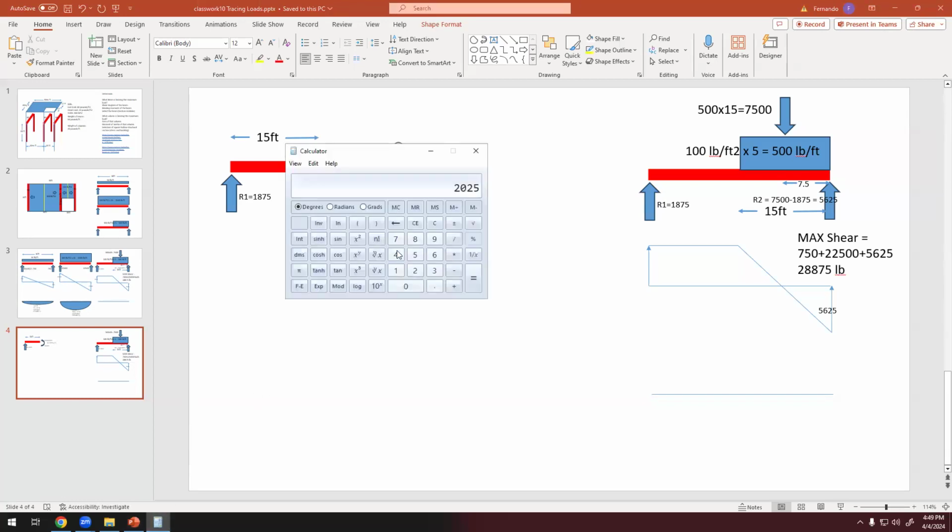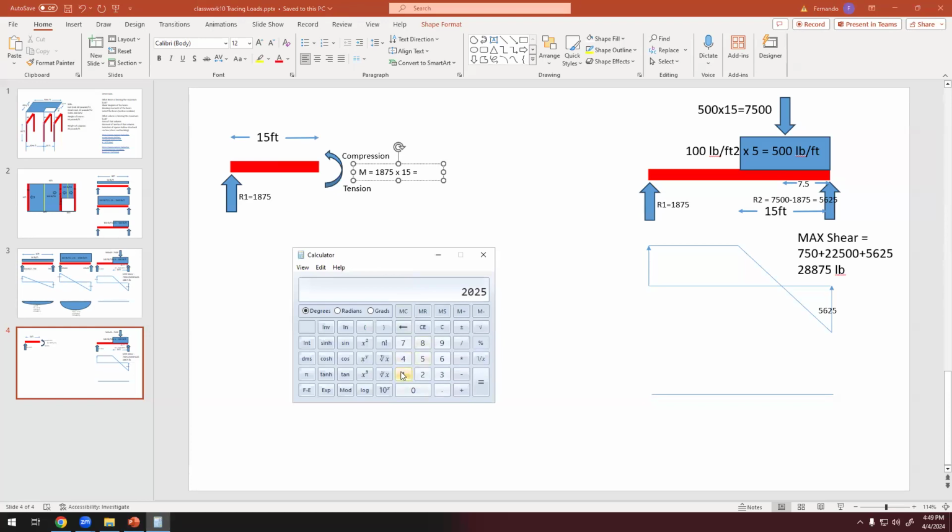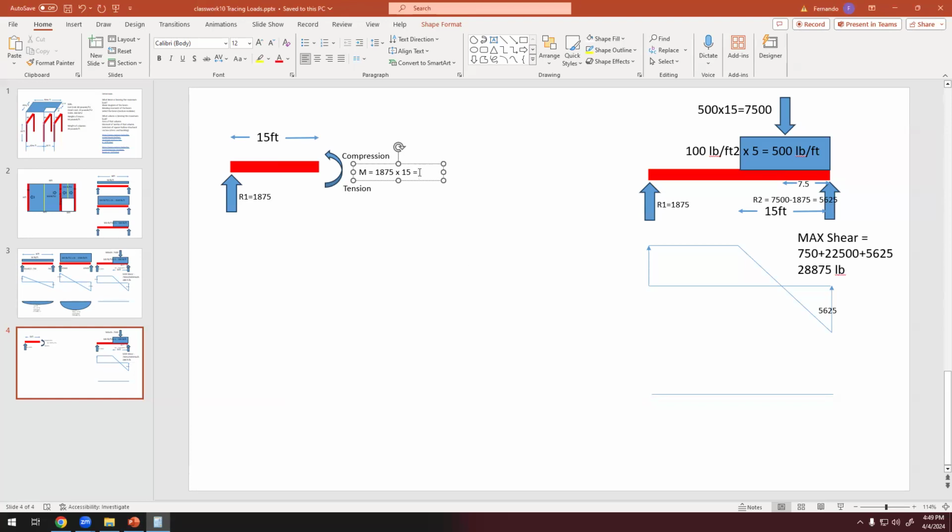So that value is 1875 times 15. It's 28,125. Units, pound times foot, sorry.